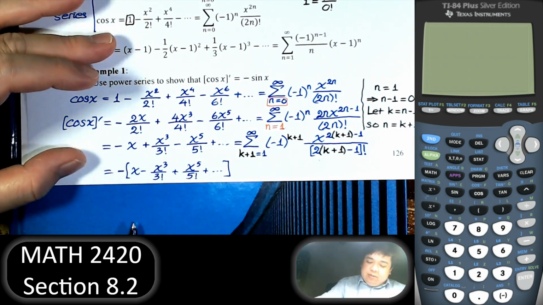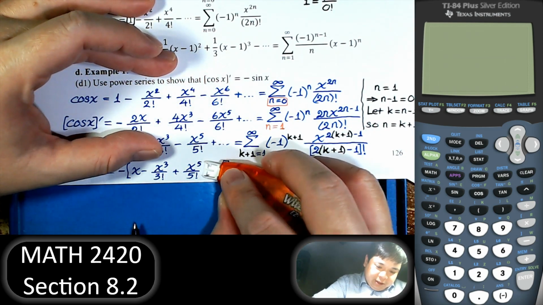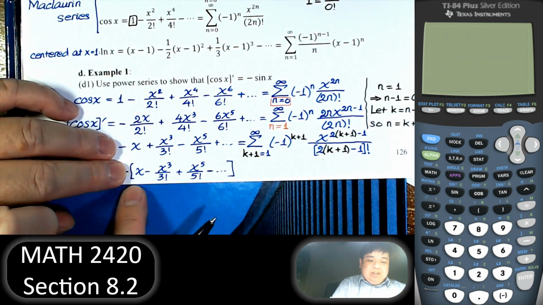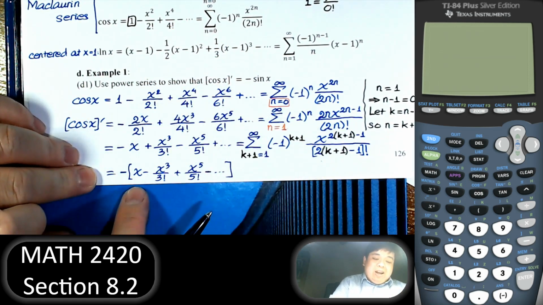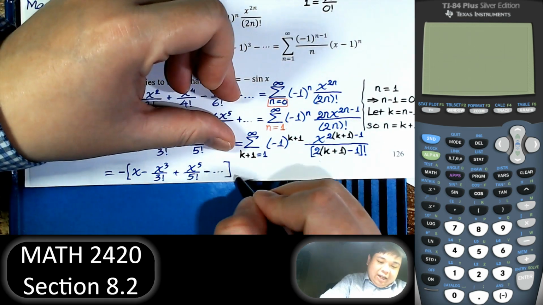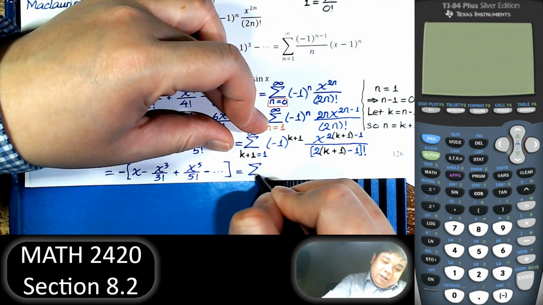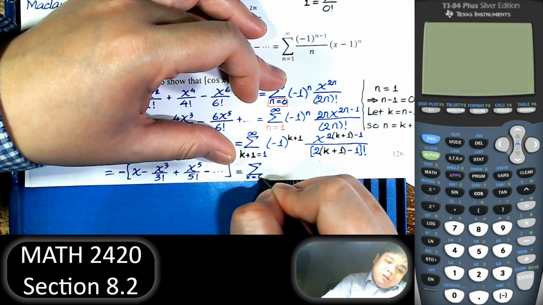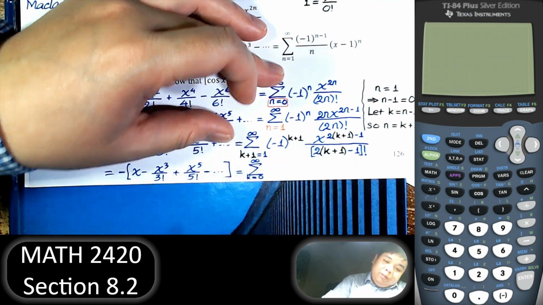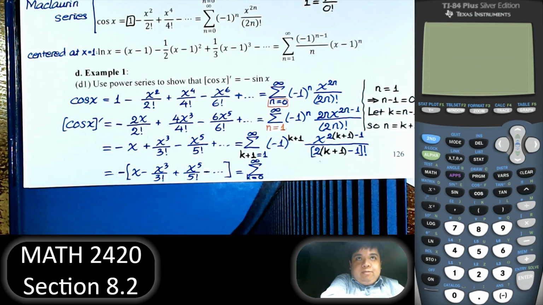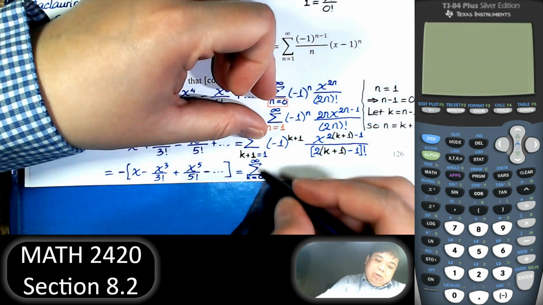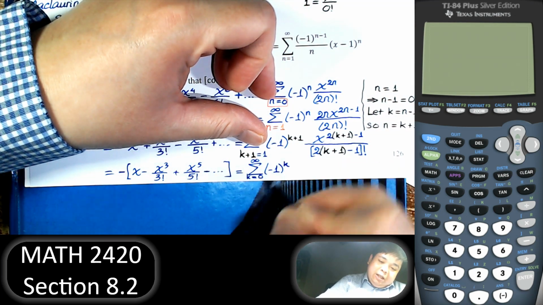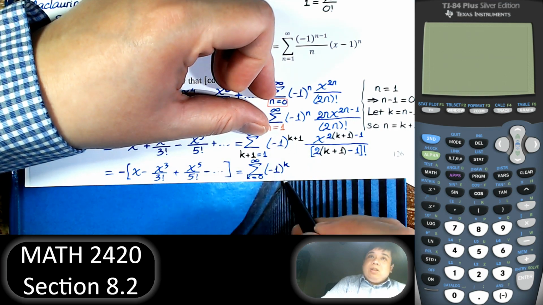That should be subtract. Of course, now you can see that is the series for sine, so the derivative of cosine is negative sine. Right. Now how about the series? k plus 1 equal to 1, so k equal to 0. The negative 1 to the k, we can say negative 1 to the k, and then negative times negative 1.